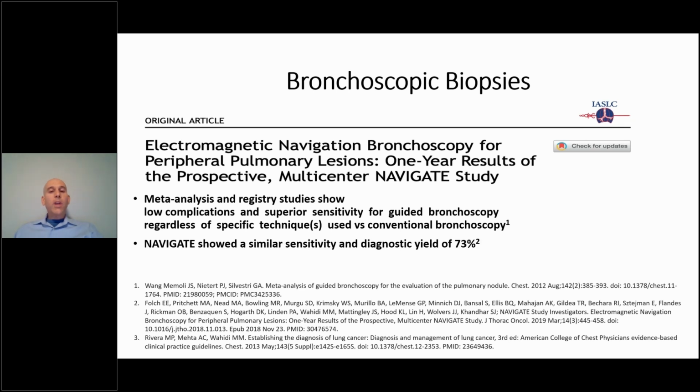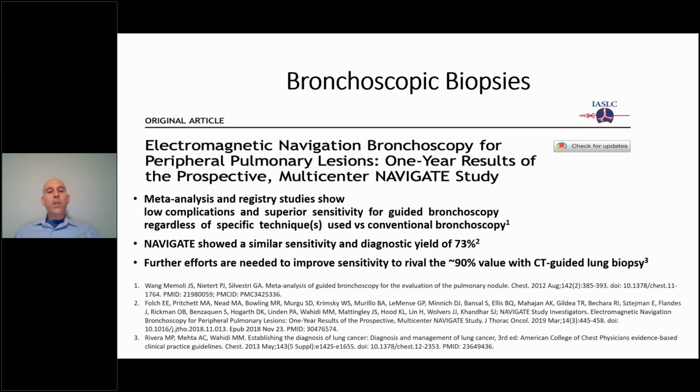And when we look at the Navigate study, which was a multi-center international study looking at the diagnostic yield and sensitivity of patients at 1 year and also at 2 years in follow-up, the sensitivity and diagnostic yield were in that kind of low 70-ish range, so kind of similar to prior meta-analyses and registry studies.